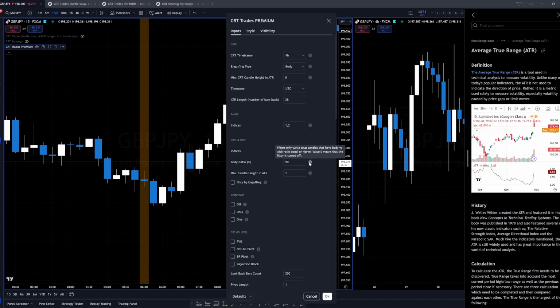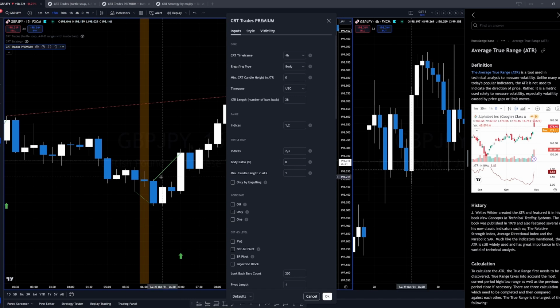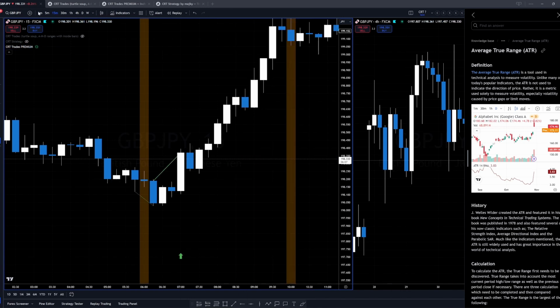You can also read this description and this minimum candle height in ATR, but this setting is on the lower time frame. So for this turtle soup candle, if you can see here, the body is not 90% of the wick, which is probably not right, and then it doesn't show. But if I put 80, it should, yeah, it is showing up.